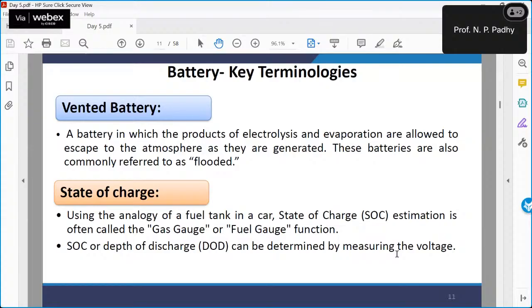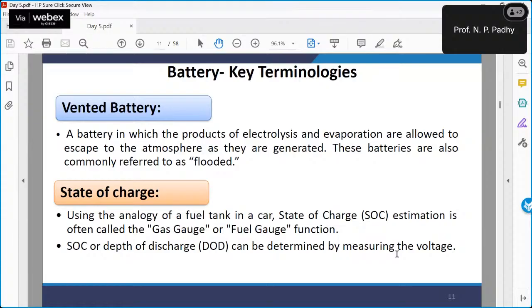You put a scale and measure how much oil is there. So similarly, SOC gives an idea, measuring and telling you how much battery capacity is still available to you. So SOC or depth of discharge, they are not equal, but they're extremely closely related. SOC is different, DOD is different.